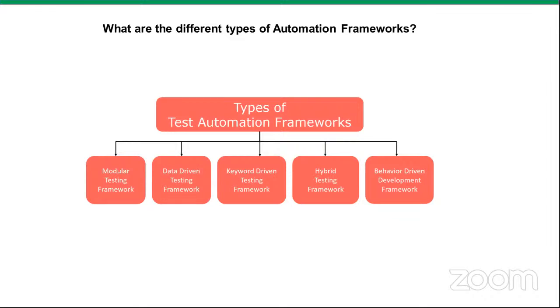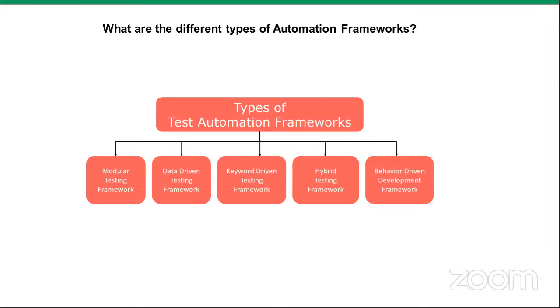Basically, we have different types of automation frameworks like the modular testing framework, which is based on the module concept. Then we have a data-driven framework based on the data-driven testing concept. Then we have a keyword driven framework, which is basically based on keywords. Then we have the hybrid testing framework, which is basically a combination of different approaches.